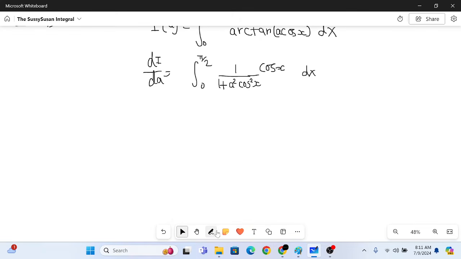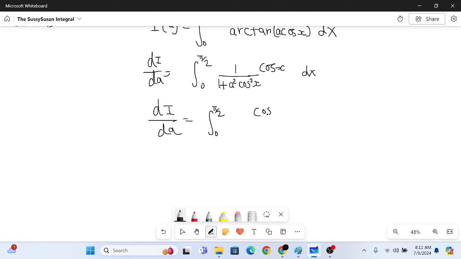We get dI by da equal to the integral from 0 to pi by 2 of cos x by 1 plus a square, and then cos square x is 1 minus sin square x, so I can say it as 1 plus a square minus a square sin square x dx.